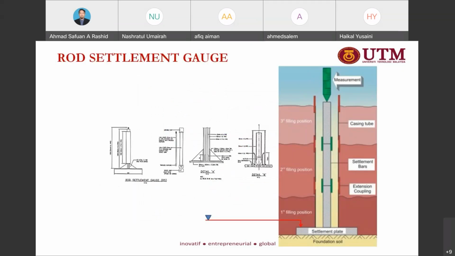So this is the rod settlement gauge, normally installed before the construction of the embankment. It will be put on the foundation, on the existing soil. Then during the filling process, we may use it to monitor any vertical movement.